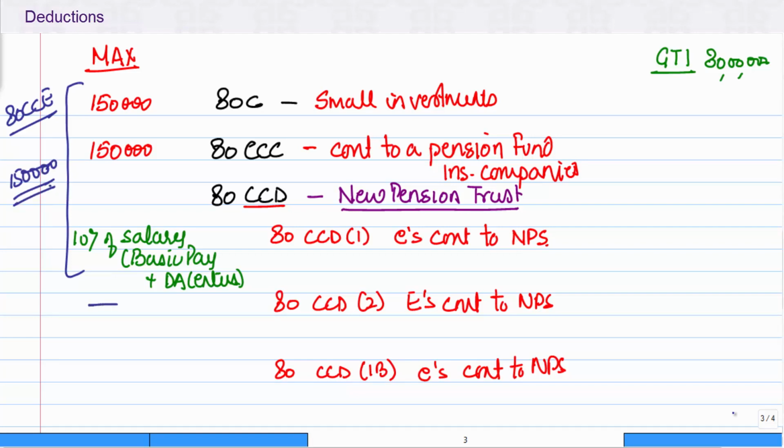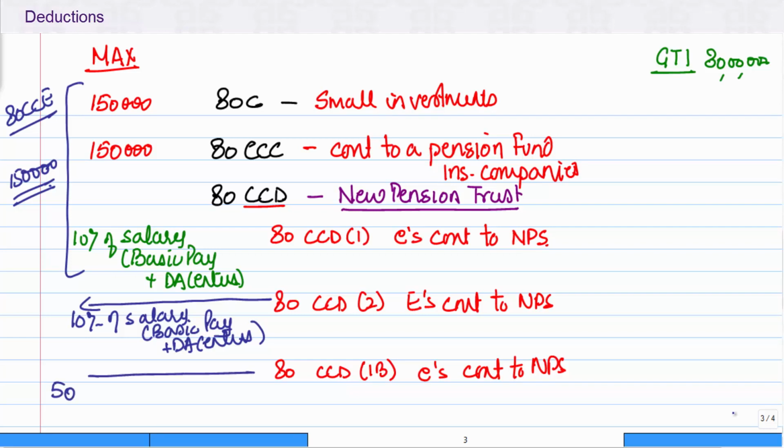Over and above that, the employer's contribution is subject to a maximum of 10% of salary. And of course, there is basic pay plus DA, only the part which enters. And there is a new deduction of up to 50,000 under 80CCD 1B.